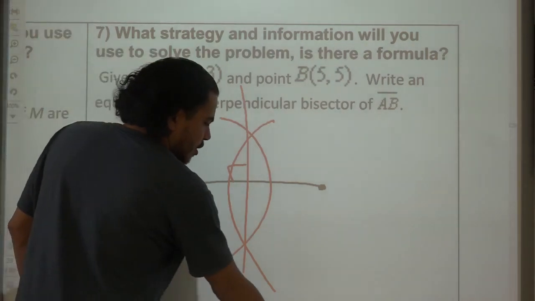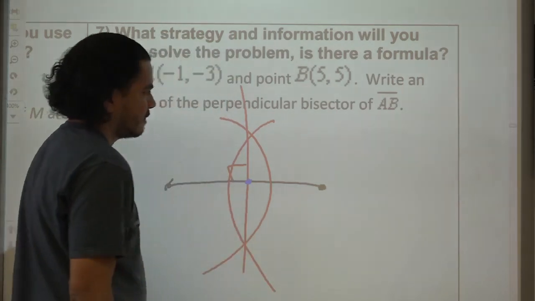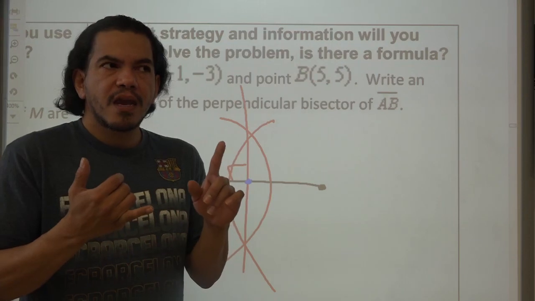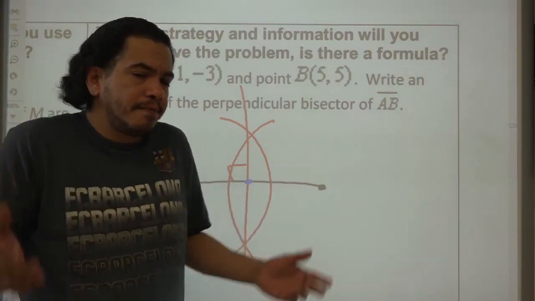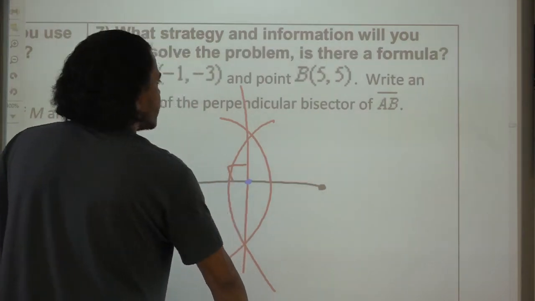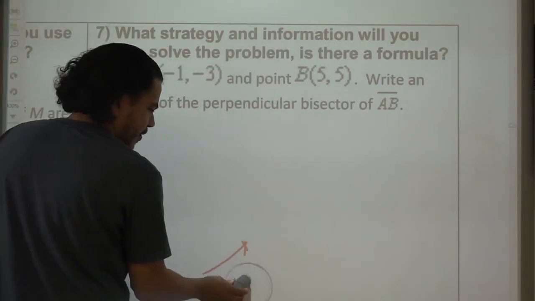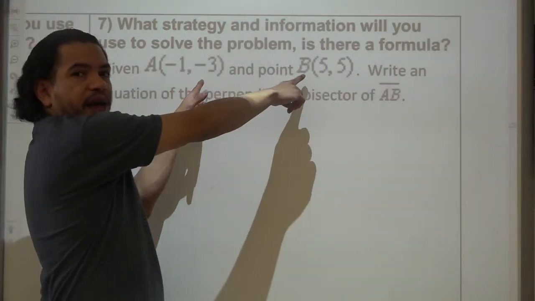Bisector because it touches the midpoint right here. So I need perpendicular and I need midpoint. Okay, let's do this. All right, so we know how to write the equation of a line, I think. So let's see. These are the points that you have.